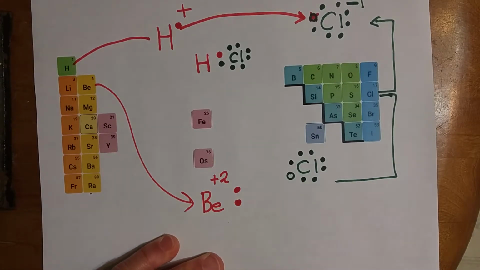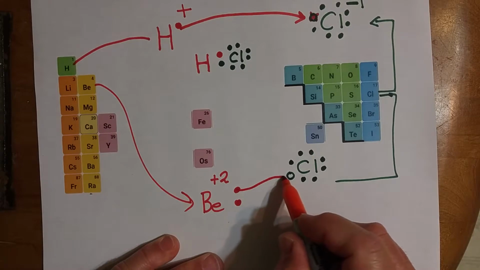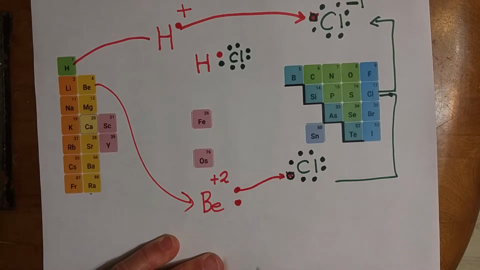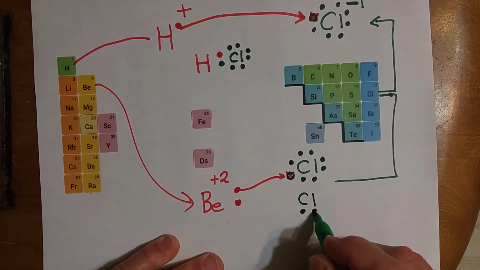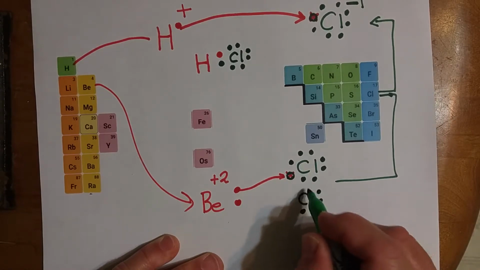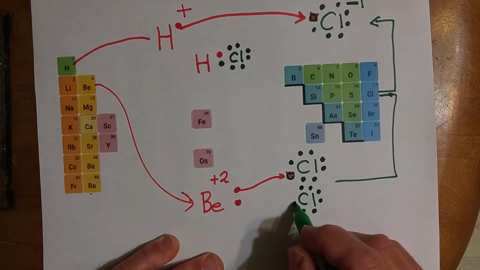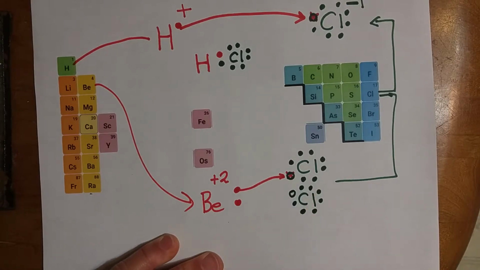Looks like beryllium can park an electron there. However, beryllium still has 1 to empty out of its orbit. The solution is obvious. Bring in another chlorine, and we can complete the reaction.